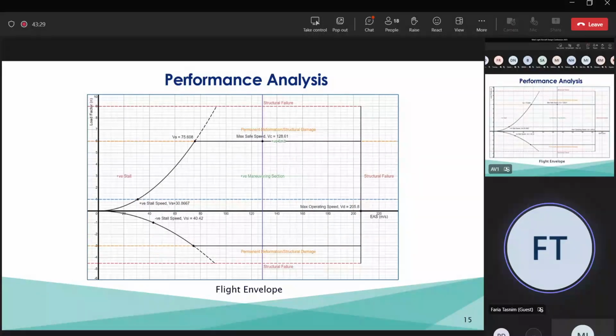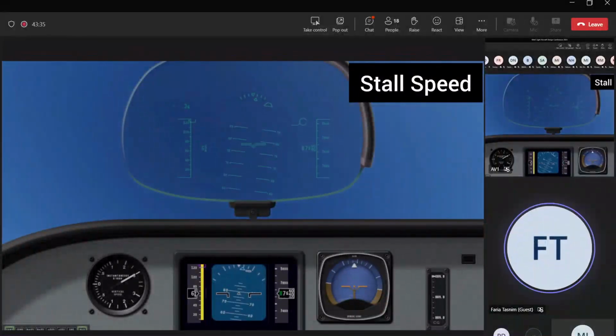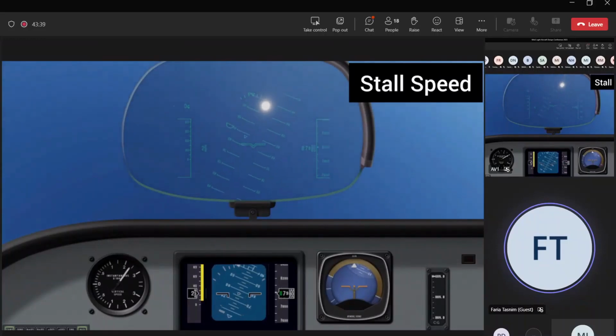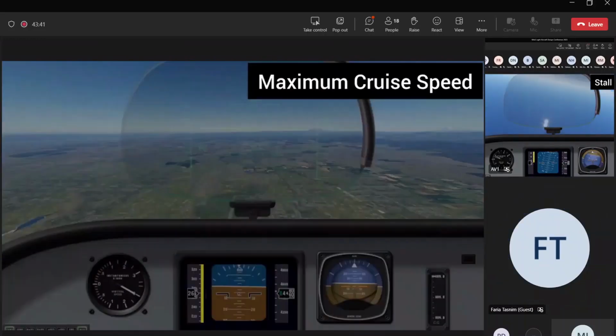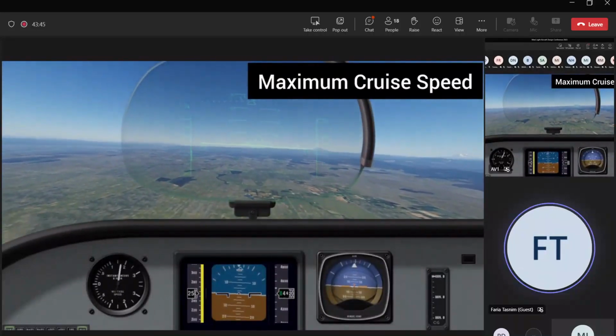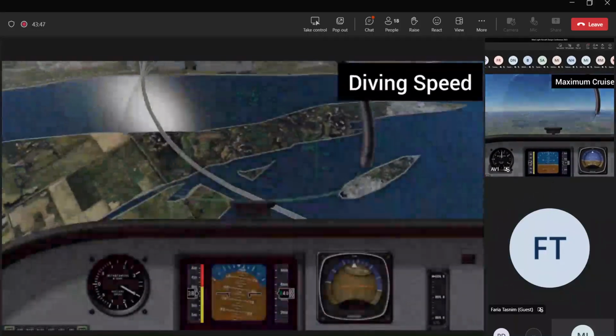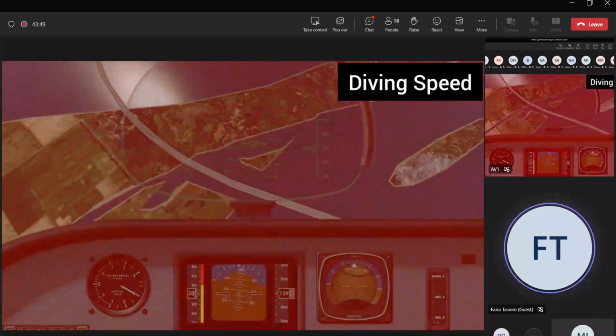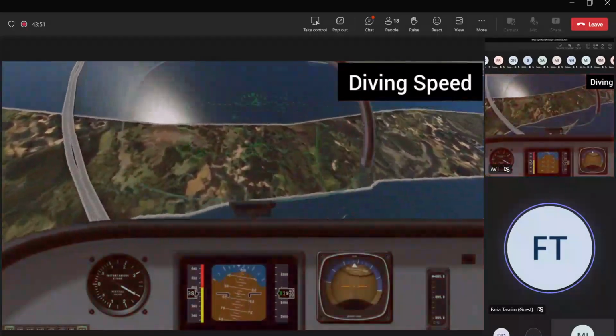Now, we are going to validate our flight envelope through another flight simulation video. As you can see, the aircraft is stalling at approximately 60 knots. Maximum cruise speed is 250 knots and the maximum diving speed is around 400 knots.